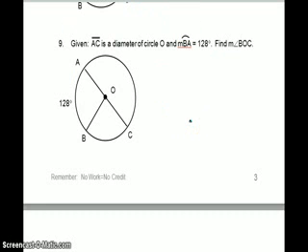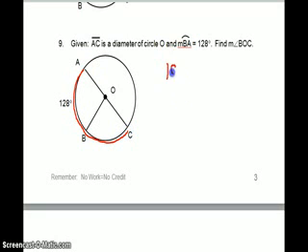Number 9. Given AC is the diameter of circle O, and the measure of arc BA equals 128, find the measure of angle BOC. Okay, well, again, we've got AC's diameter. And this is BA. So we know if this is the diameter, these two are going to add up to 180.